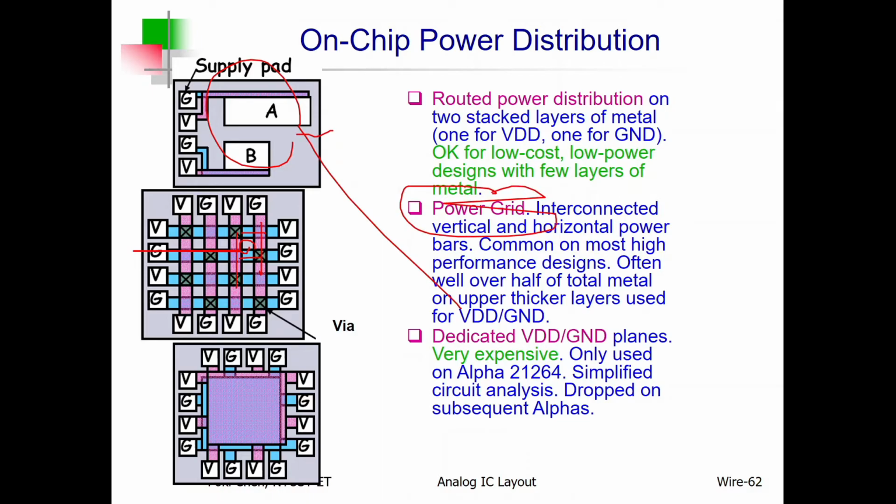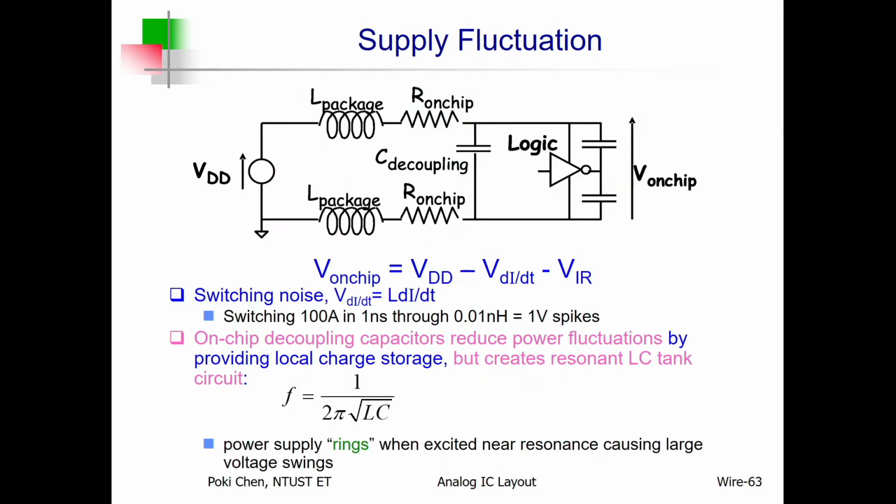If possible, I think a power grid is a reasonable solution to distribute your VDD and ground to all the blocks of your circuit. However, if the blocks need to consume even more power, then you need to spend more money and go for dedicated VDD and ground. It is really expensive. Okay.